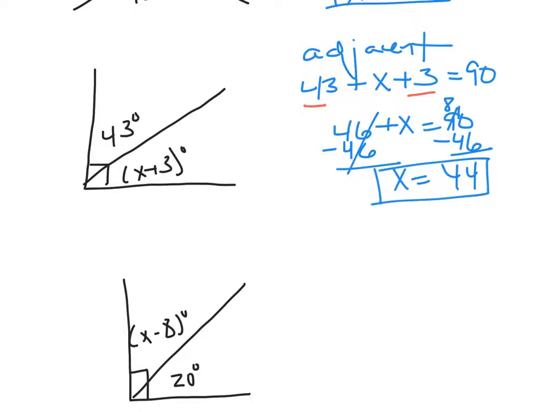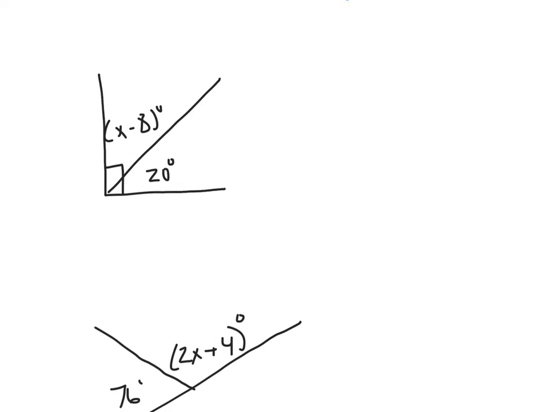All right, let's look at the next example. Again, this is adjacent angles. There is a square in the corner, which means this is a right angle. So these two angles are the special angle pair called complementary. So these are complementary angles.